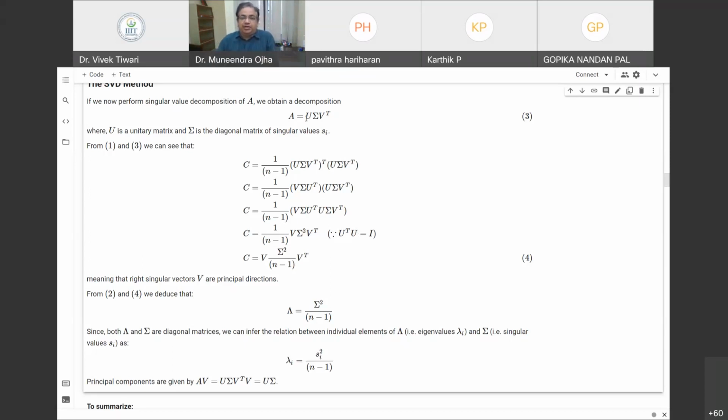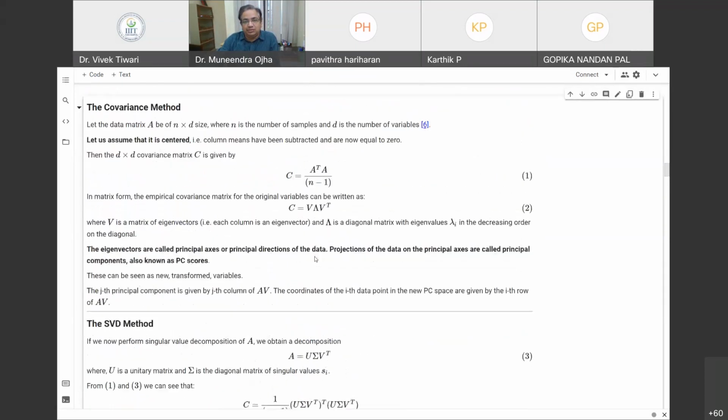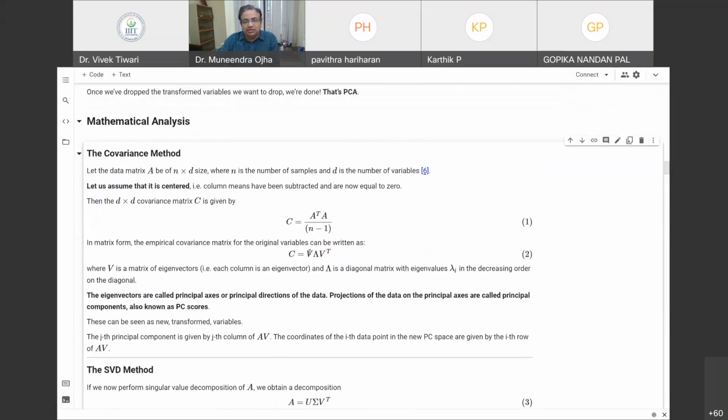Now sigma and sigma multiplied will become sigma square. So we have C equal to V sigma square upon n minus 1 V transpose, which is very similar to the term V lambda V transpose.